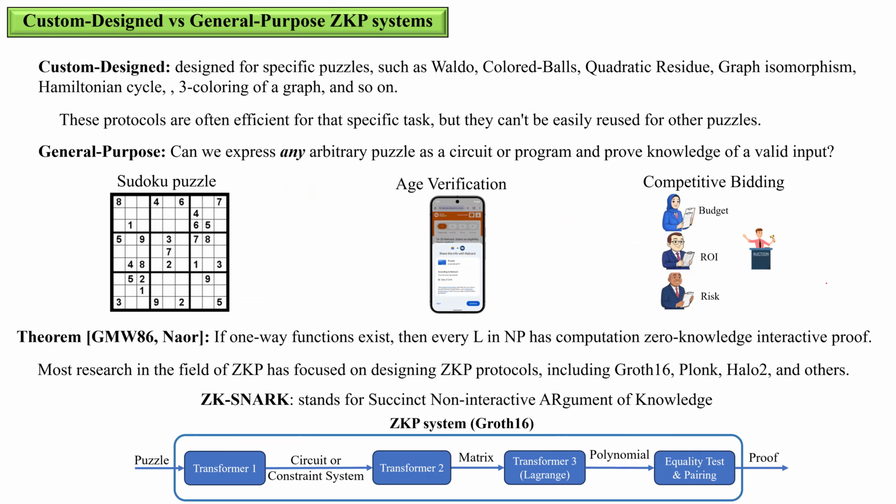You can convert the Sudoku puzzle into a circuit, and then anyone who claims that I know the correct answer could enter the correct answer as the input of the circuit, and then generate the matrix and then polynomials, and then commit to the polynomials to generate the commit values and proof. And finally, a public verifier can run test version 4 to be convinced that the knowledge was correct.